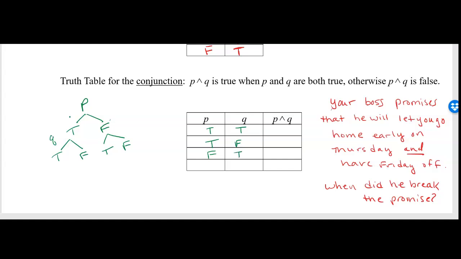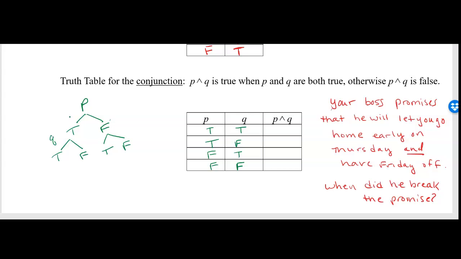P could be false and Q could be false. This is it. Now, I wanted to show you how we find those, but if you memorize this pattern, you won't have to do that every time. Basically, when you're setting up your table for P and Q, you always have two T's, two F's, and then Q will alternate T, F, T, F. This will always be the same, but this is where we originate it from.